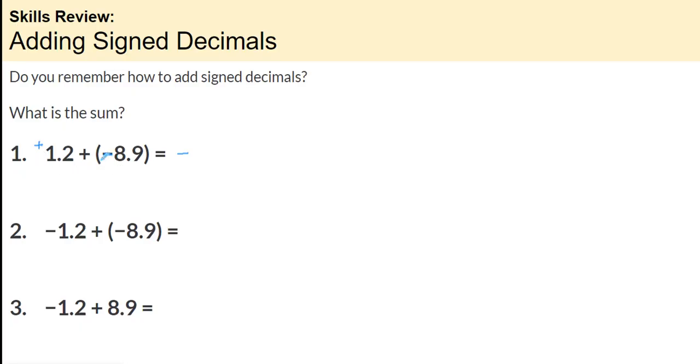So now that they have different signs, remember, different signs, we're going to take the difference. Difference means subtraction, okay? So that's a subtraction problem now, so subtract. So we're going to subtract these two, right? And if we did that, we'll put the absolute values, so the signs are not there anymore.